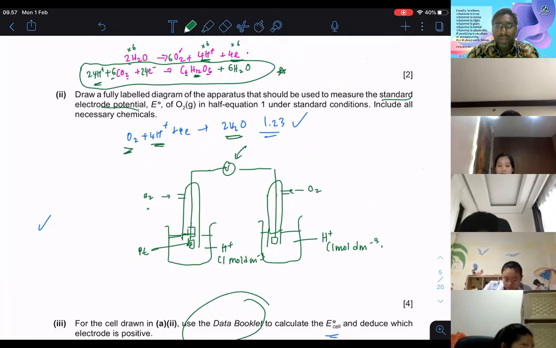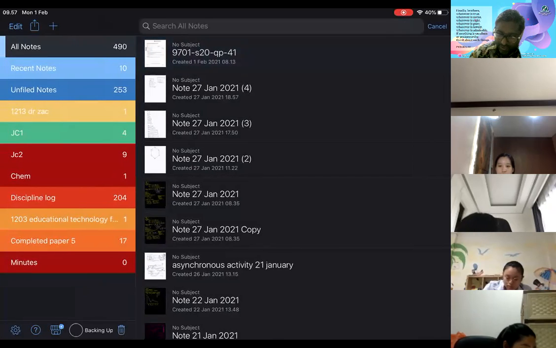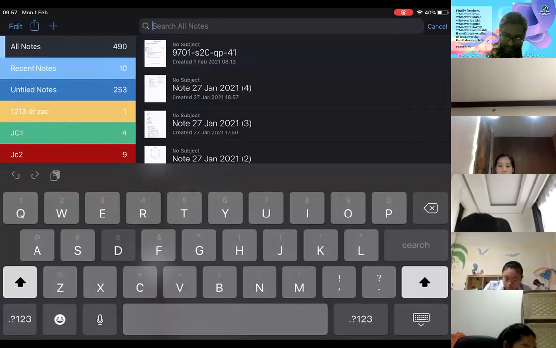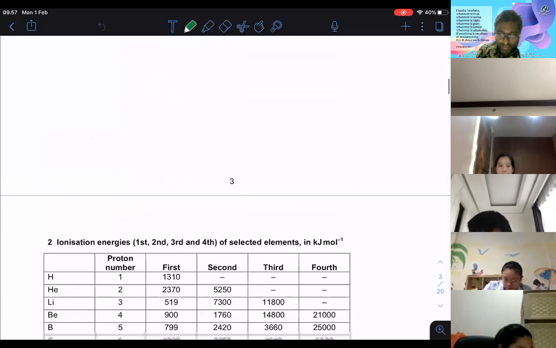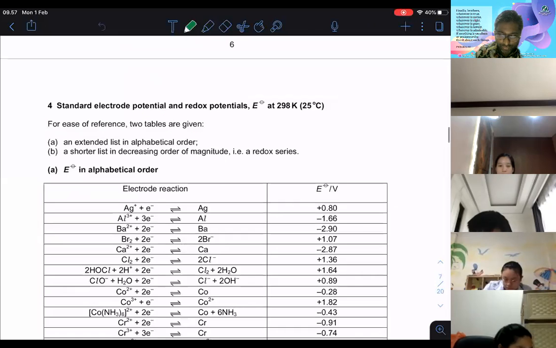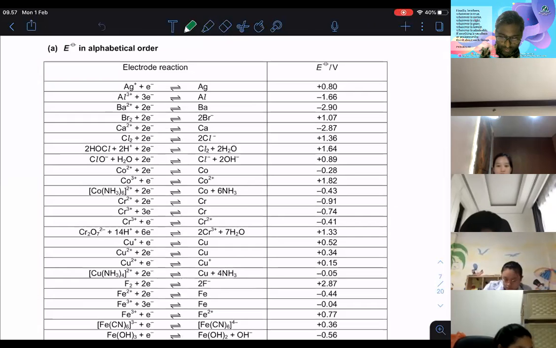So you can refer to your data booklet, and that will give you positive 1.23. I can show you the data booklet so that you don't make the same mistake, because if you look at it, there are so many things related to water and O2. I'll show you.